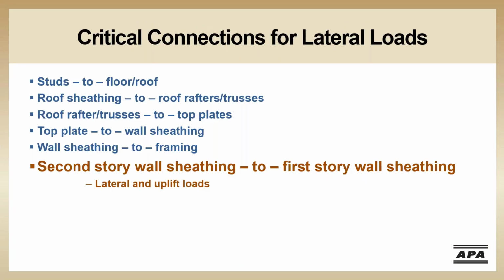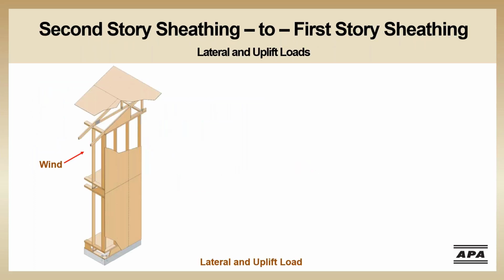We are now going to look at what happens at the second story as the lateral and uplift loads from the roof move down to this level. Now that the second floor bracing has moved the lateral load from the roof down to the second floor, the load needs to move from the second floor bracing into the first floor bracing.